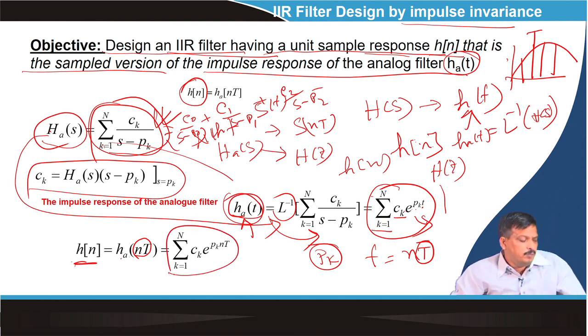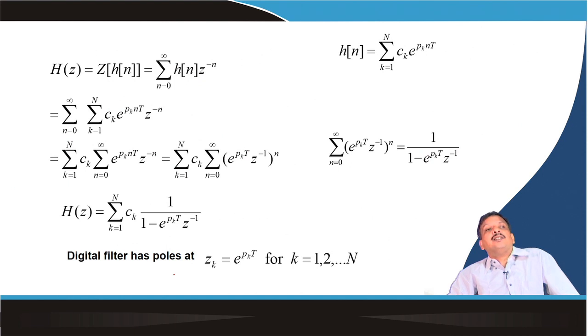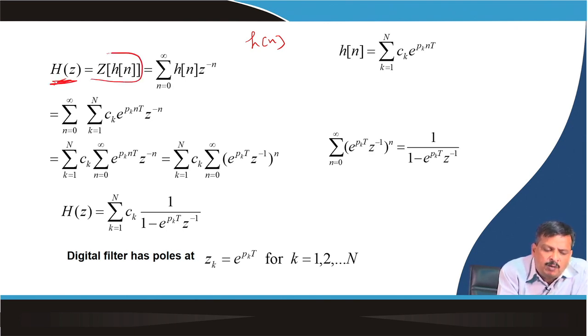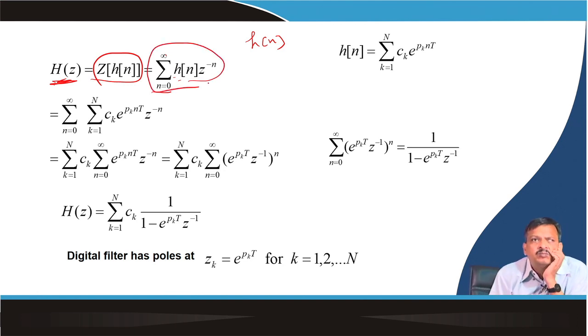Okay. Now what is H of z? Suppose H of n is my impulse response, then H of z is equal to the z transform of H of n. What is the z transform? It is nothing but the sum from n equal to 0 to infinity of H of n z to the power minus n. That is my z transform.